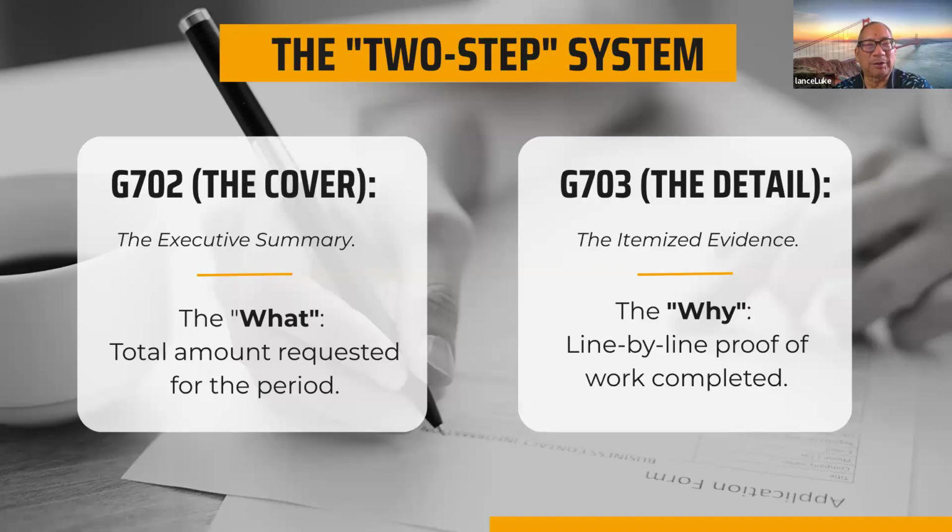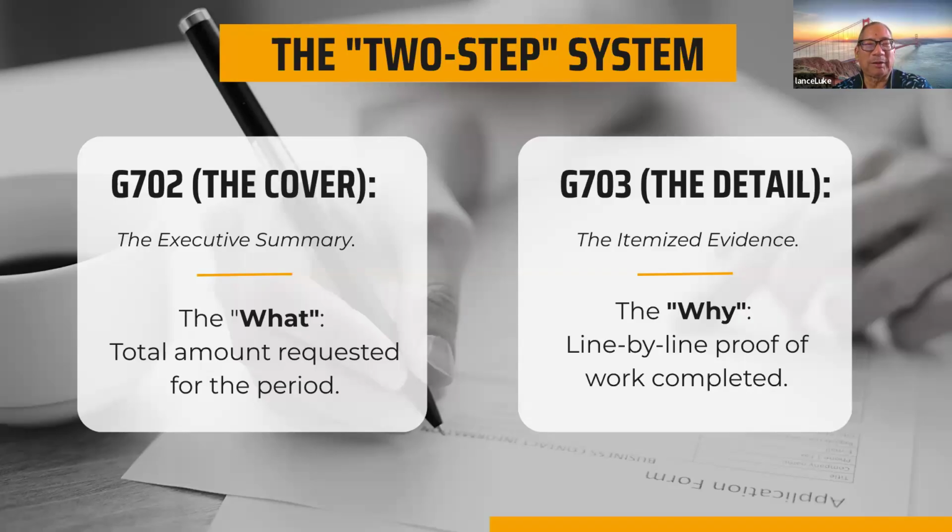G702 is actually the cover, it's an executive summary. It's mainly the what, the total amount requested for the period. So for example, the contractor's billing you $100,000 for work done in June, last month. So the total amount requested for the period that's being billed is $100,000.